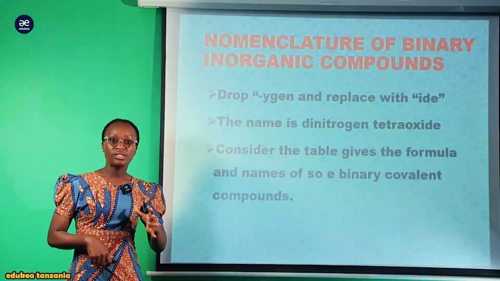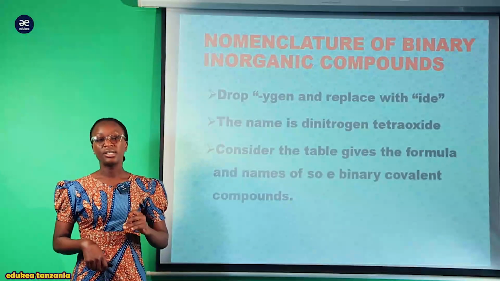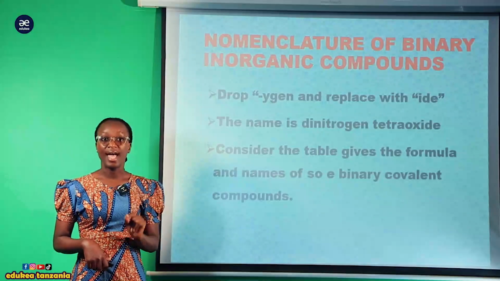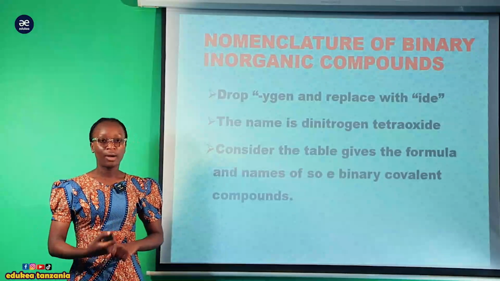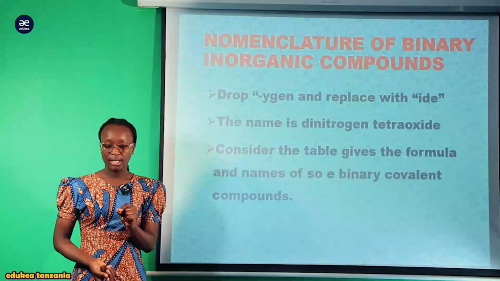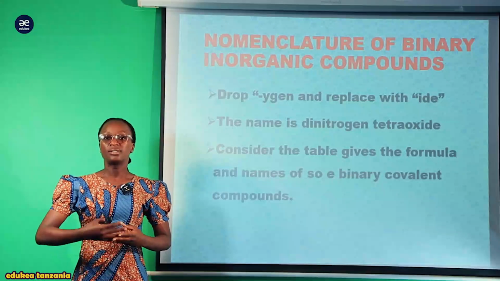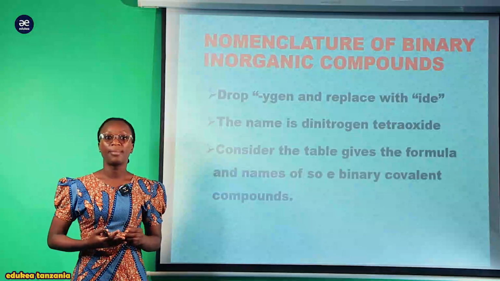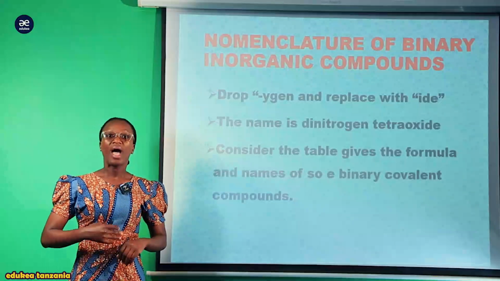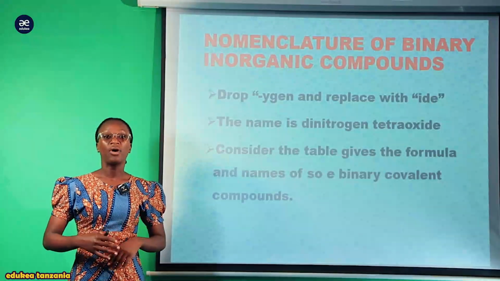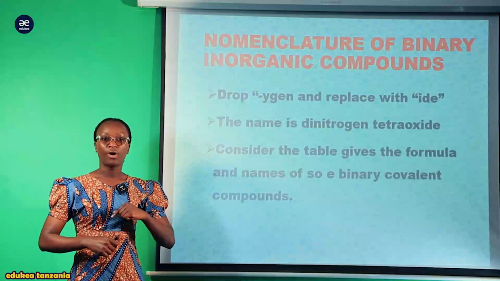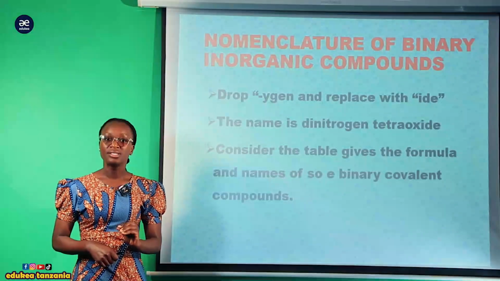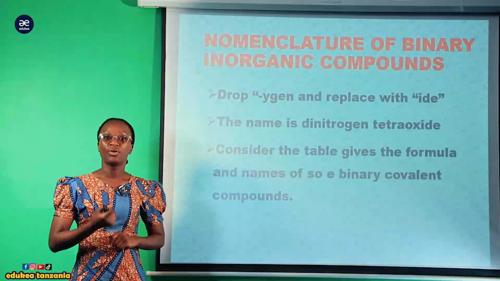So baada ya kuconsider the first element is made up of 2 atoms, consider prefixes ambayo ni di, but then baada ya kuona kwamba our second element is made up of 4 atoms, consider zile prefixes ambayo tumeadi tetra, lakini we have to consider our steps, ambapo at the end of our second part of our formula tunakwenda ku drop some of the letters na kuadi the element of IDE.